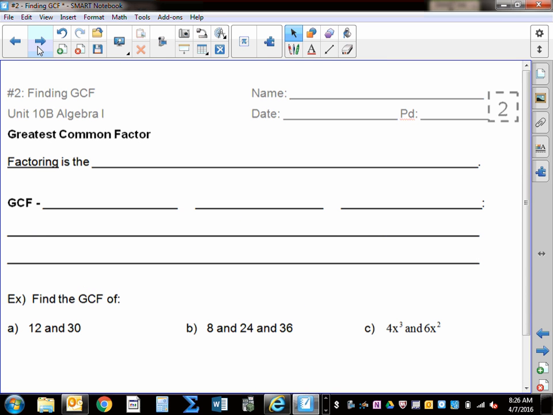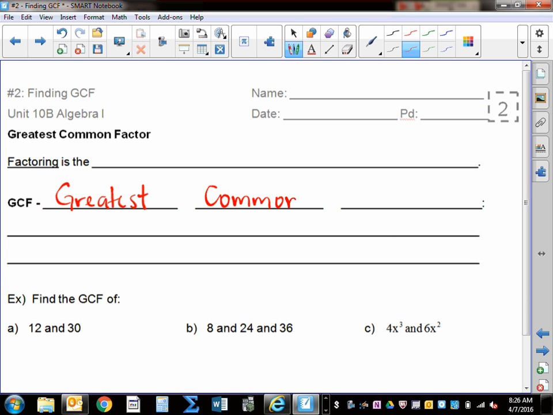So these are your notes you should have in front of you. Based upon your homework from last night, and what we did last class, you should have a general idea of how to do this first part here. But greatest common factor, that's what GCF stands for. Let's go ahead and fill that in. Greatest common factor.